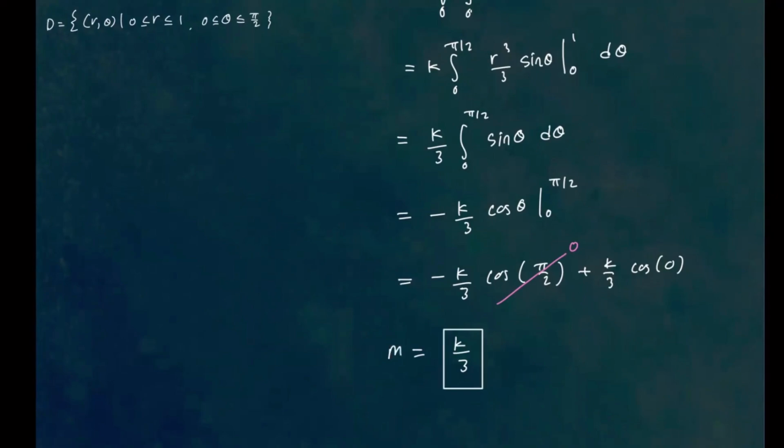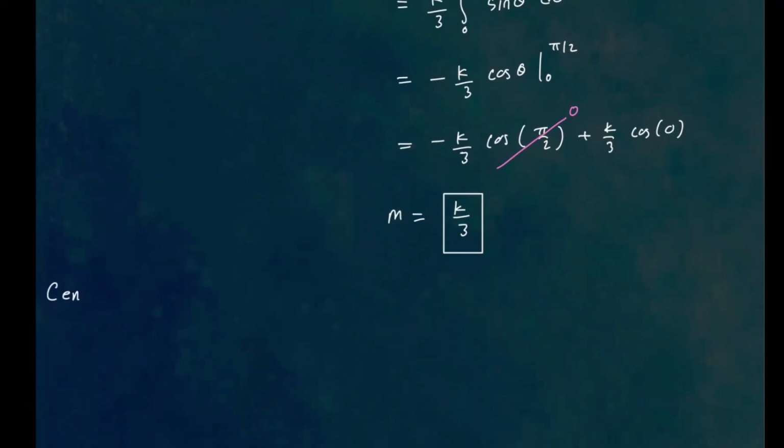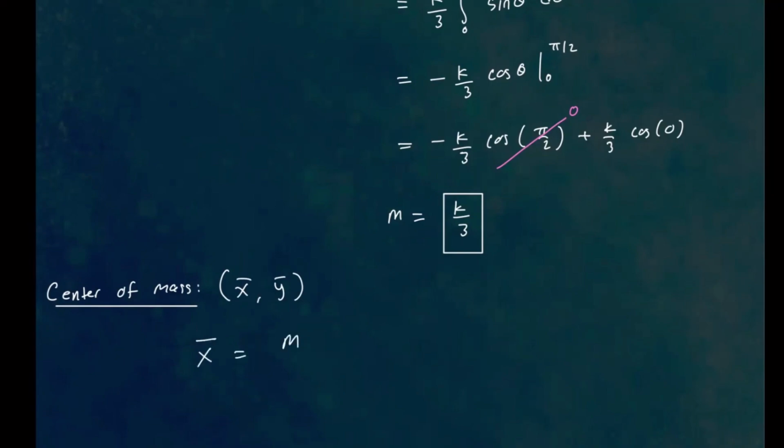Now we need to compute x bar and y bar, because those are the components for our center of mass. The center of mass for a two-dimensional lamina is the point x bar, y bar. We know that x bar is given as the moment about the y-axis divided by the mass, and the moment about the y-axis is simply the double integral over the region D that the lamina occupies, x times the density times dA.